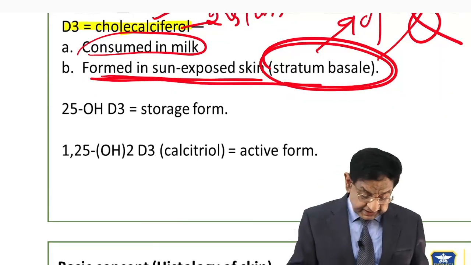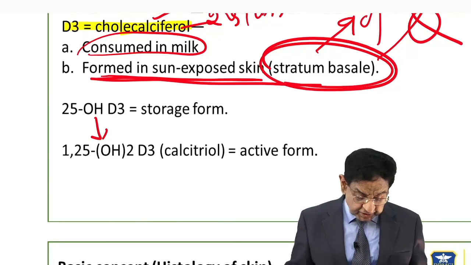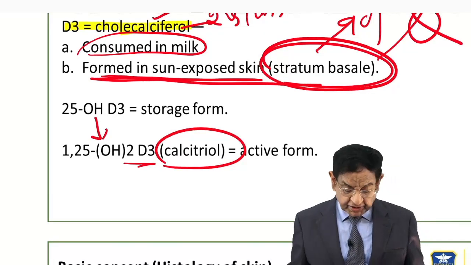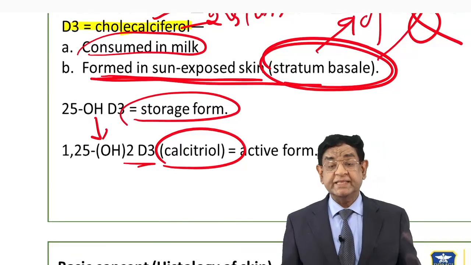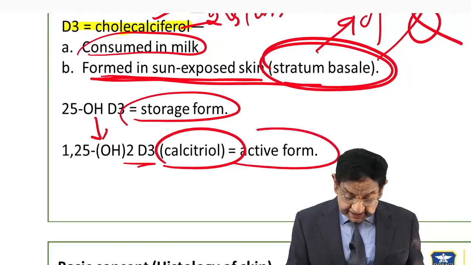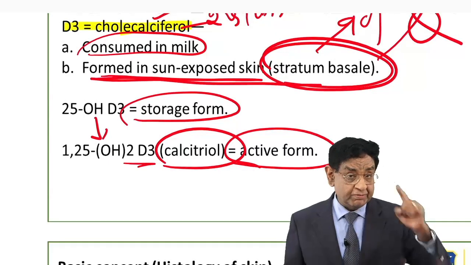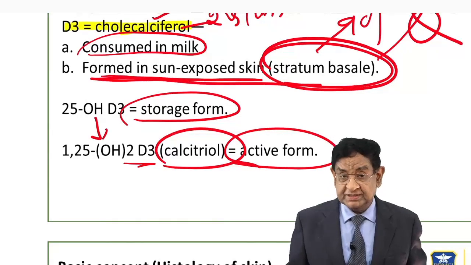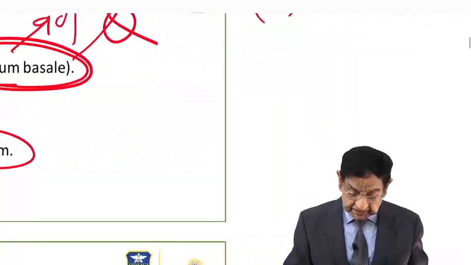In the kidney, this 25 is converted into 1,25 dihydroxy D3, so called calcitriol. Point to be noted, the stored form is made in the liver, and the active form is made in the kidney. In the liver it is 25 hydroxylation, in the kidney it is 1,25 dihydroxy cholecalciferol.